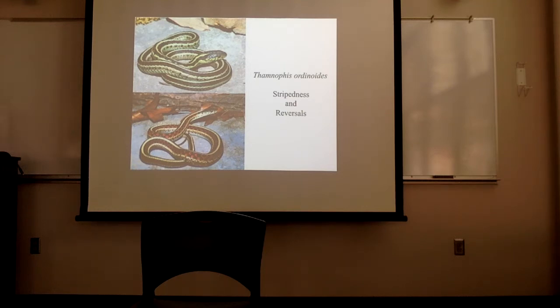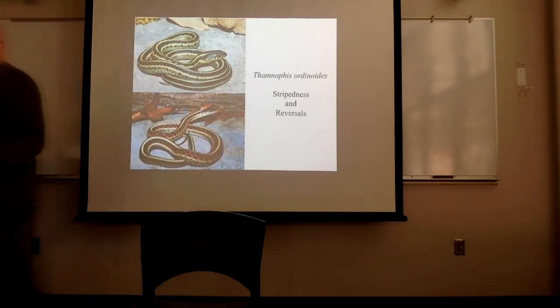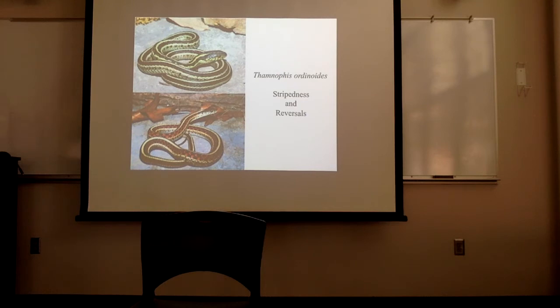This is what happens in Thamnophis organoides. So remember in the Brody chapter that we talked about on Monday, he was actually in Oregon looking for snakes because he was interested in how the morphology of these snakes was related to their behavior.